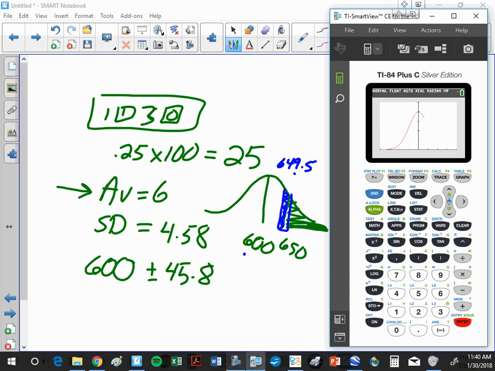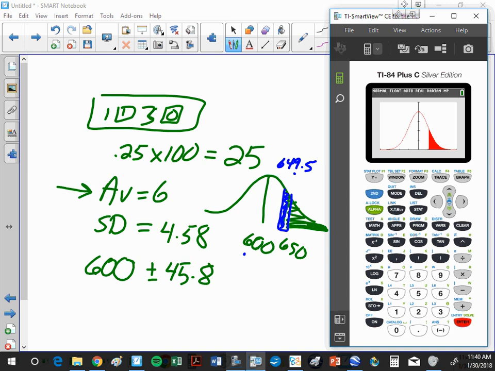Oh, did it end up being 14? Oh, 14.8. So that 68 rule is... Oh, yeah, it should be slightly smaller. We're beyond 1. That's right. Thanks, Jeff. I said that backwards.